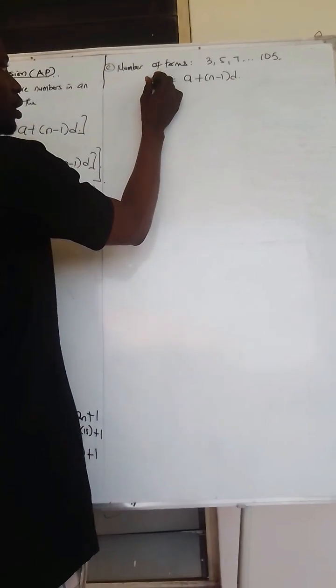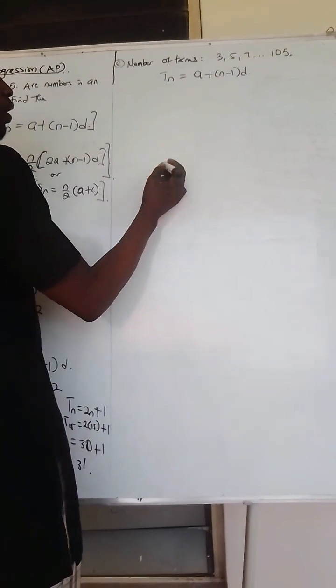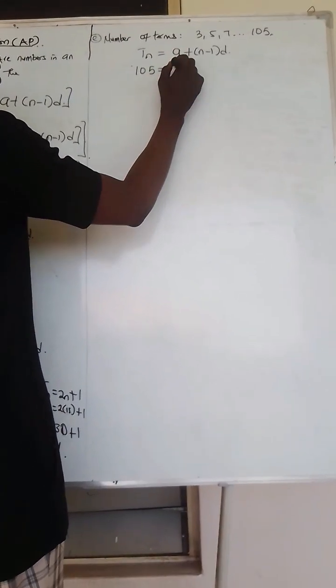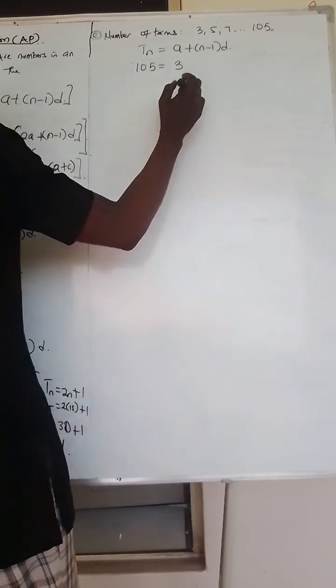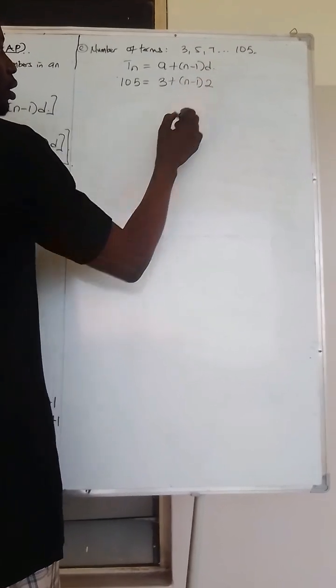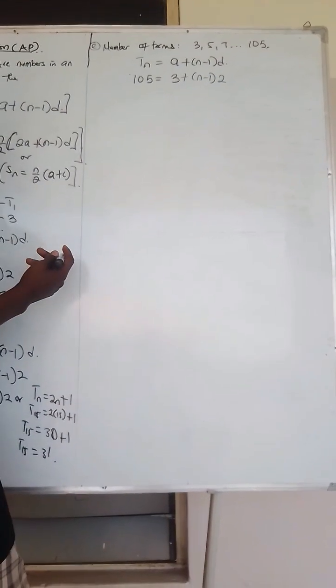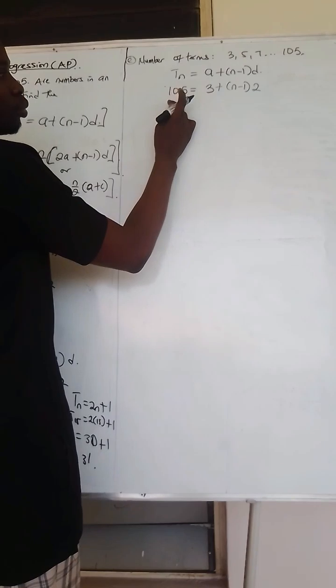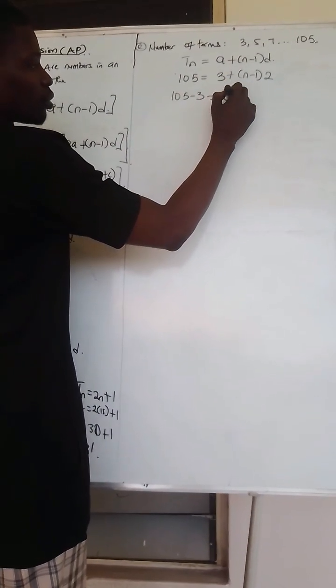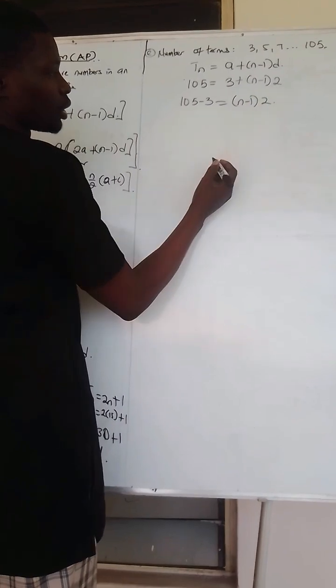So because of that, Tn will take the place of 105. So here will be 105 is equals to our a is 3 plus n minus 1 and our d is 2. So for us to be able to get our n, this we have to move. So we have 105 minus 3 is equals to n minus 1 and then we'll put our 2 here.